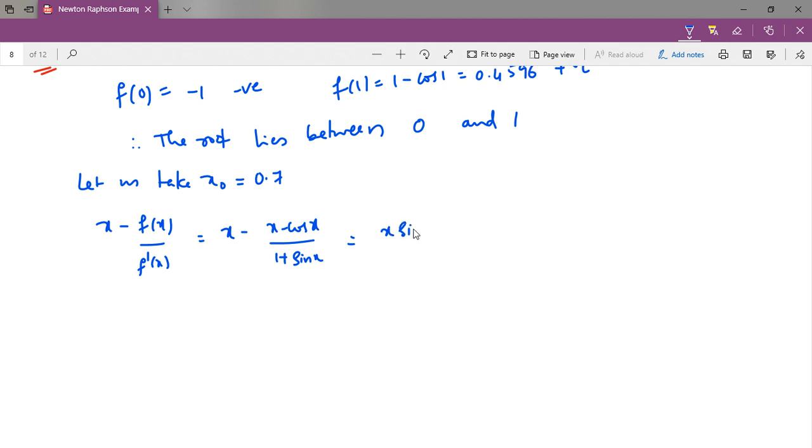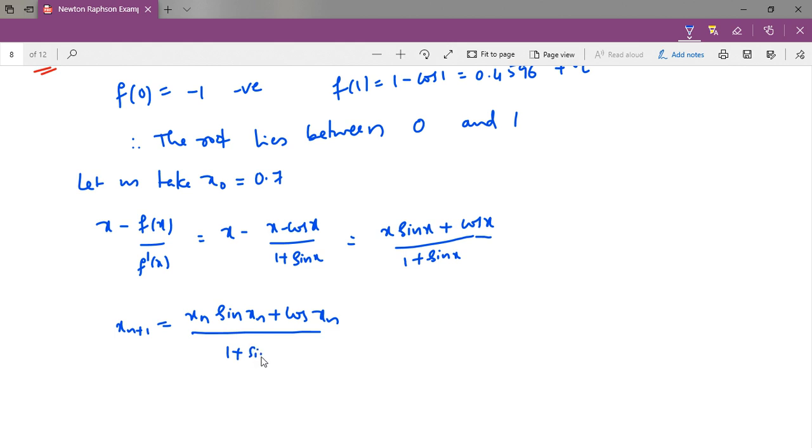When you arrange this, taking LCM, this is going to be x sin x plus cos x divided by 1 plus sin x, because the LCM will be 1 plus sin x. x and minus x cancel, minus into minus plus cos x. So with this arrangement, x n plus 1 is equal to x n sin x n plus cos x n divided by 1 plus sin x n.